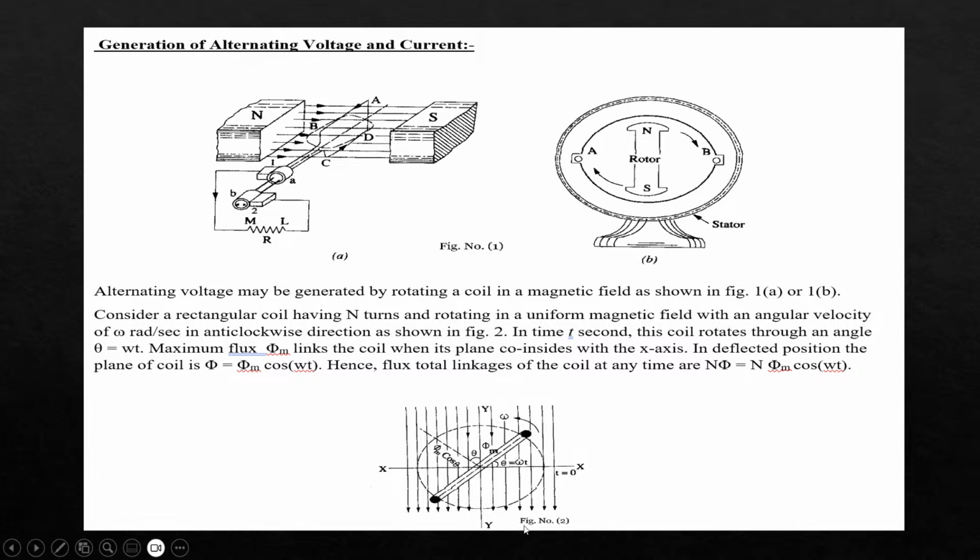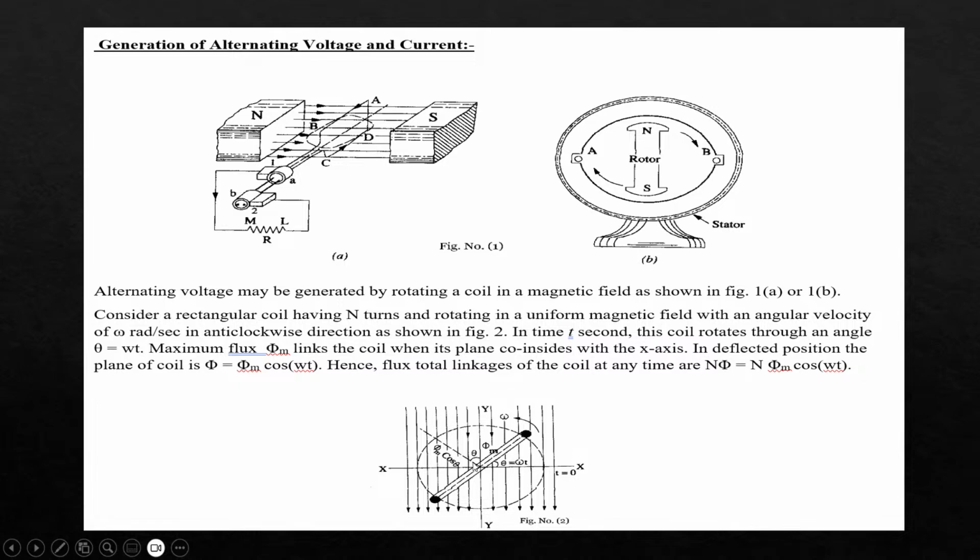If you are not sure you can understand it, the coil is rotating like this. This circle is not the actual coil, this is the rotation of the coil. The coil is 2D in this figure, but it's an actual coil, going like a circle from us towards the other side, inside and outside, and rotating here.